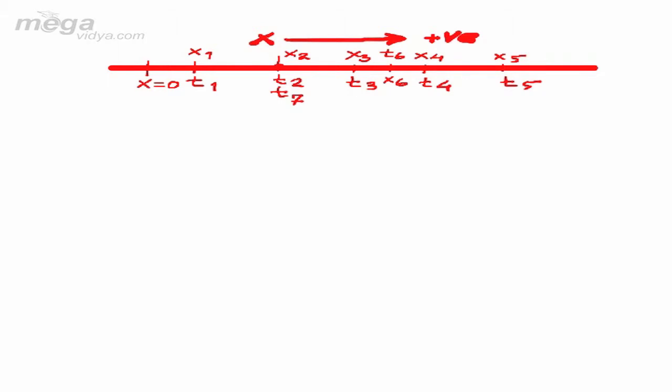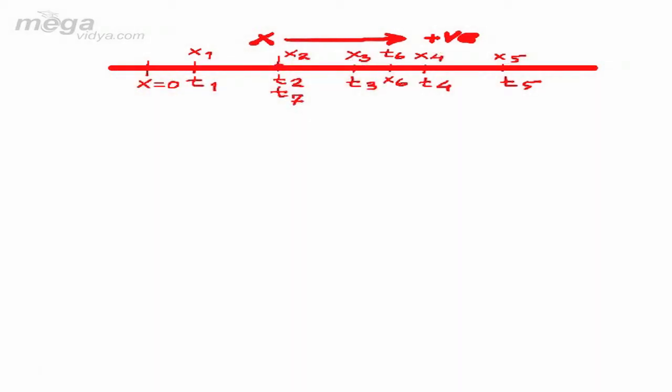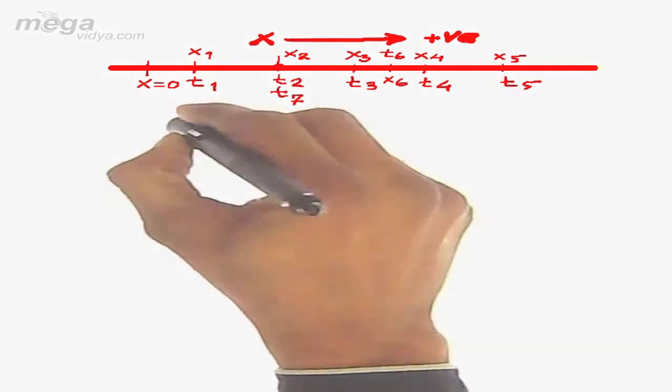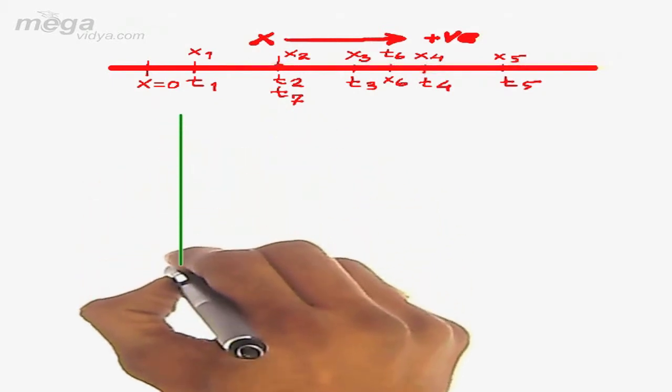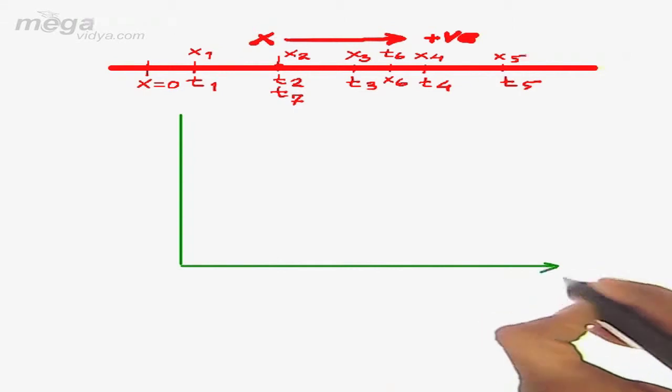Now just consider we are drawing a rough sketch about the particle's positions at various times t1, t2, t3, t4, t5. What will we do? We take the xy coordinate system and along the positive x direction we are considering time.